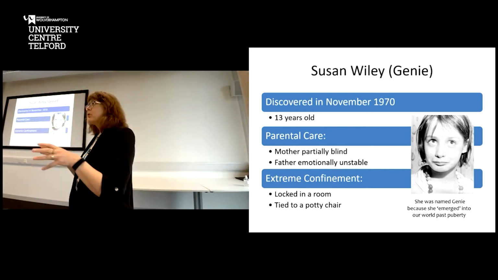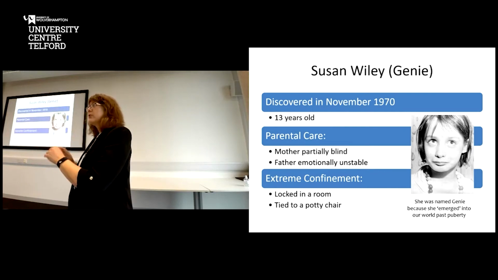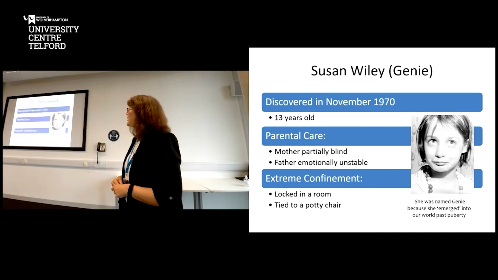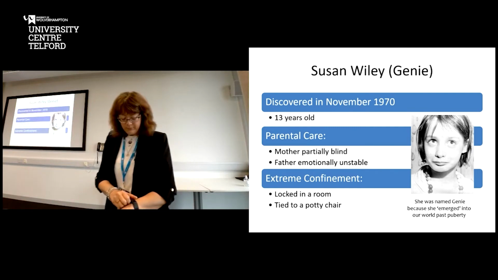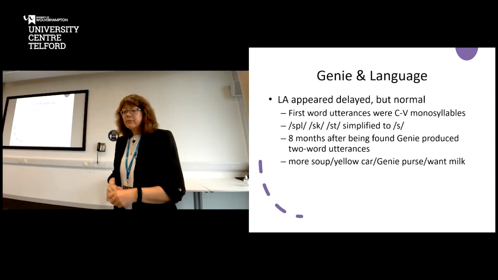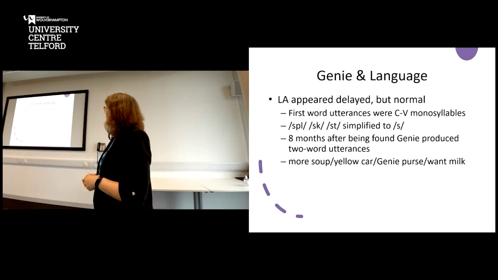But people often use Jeannie as an example of there being a critical period when you can acquire language. I've got a couple of slides going into some of the detail about her language acquisition.